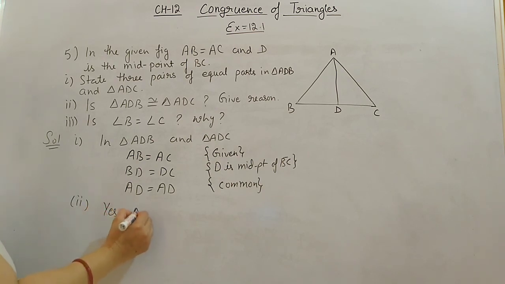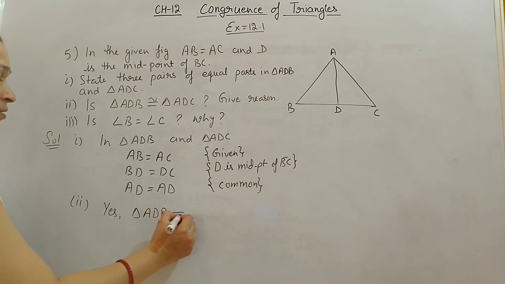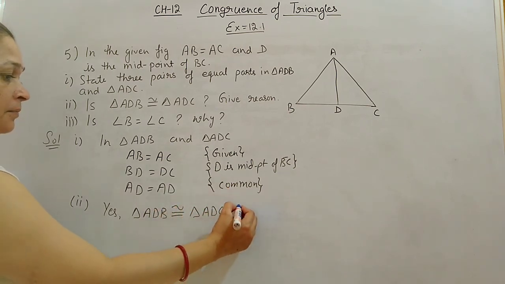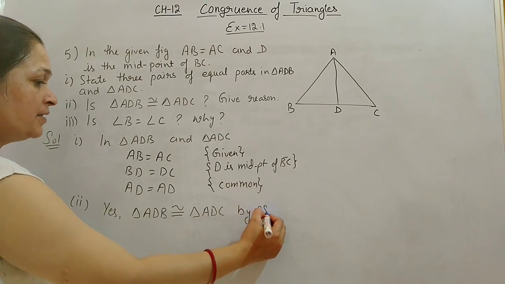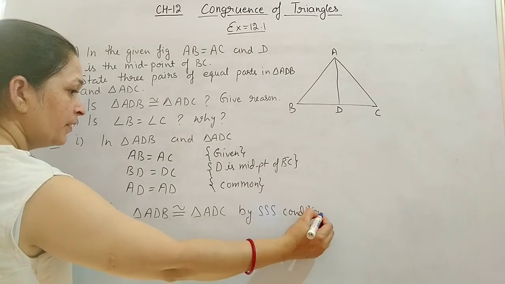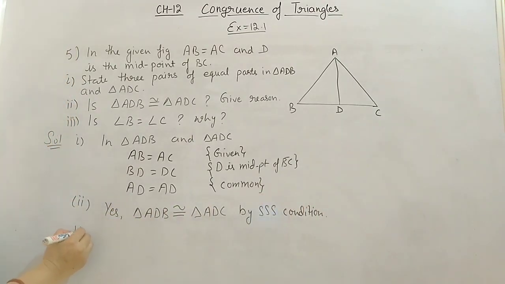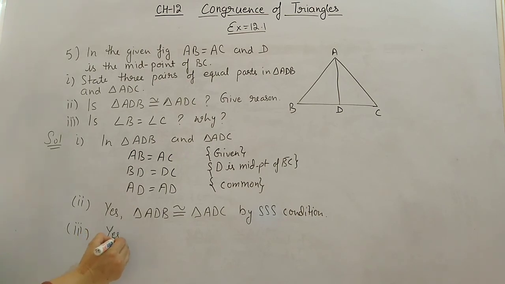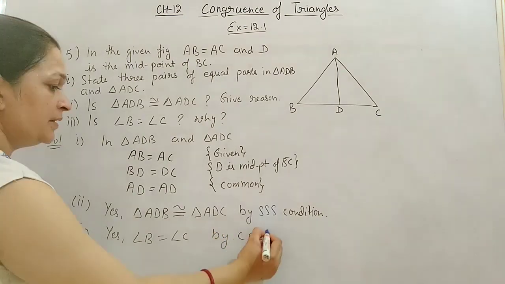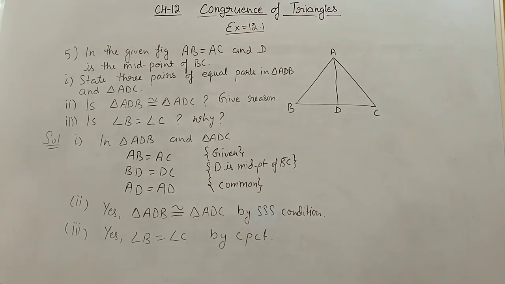Yes. Triangle ADB is congruent to triangle ADC by SSS condition. Next, third part, are angles B and C equal? Yes, angles B and C will be equal by CPCT, corresponding parts of congruent triangles.